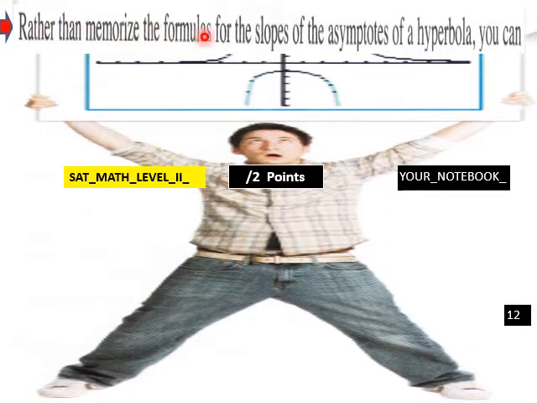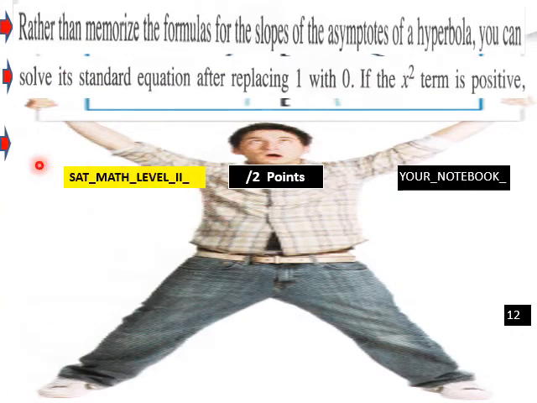Rather than memorize the formulas for the slopes of the asymptotes of a hyperbola, you can solve its standard equation after replacing 1 with 0. If the x squared term is positive, y squared would equal b squared x squared over a squared, and y would equal plus or minus b over a x.